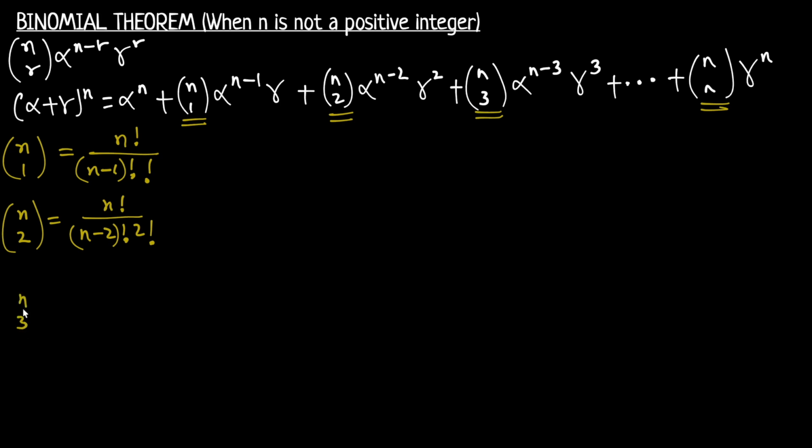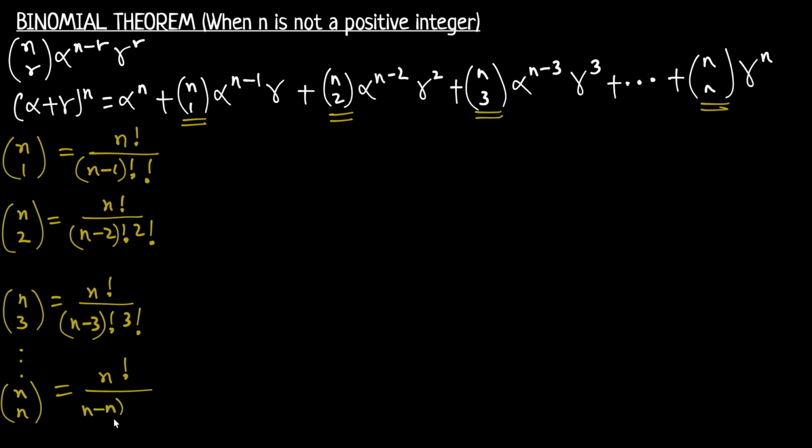N combination 3 is going to be n factorial over n minus 3 factorial 3 factorial. And the last one, n combination n, is going to be n factorial over n minus n factorial and n factorial.